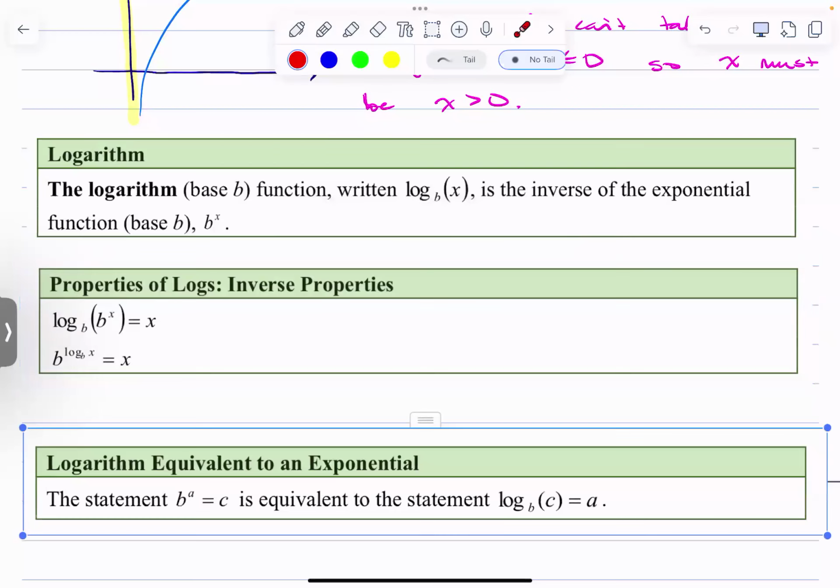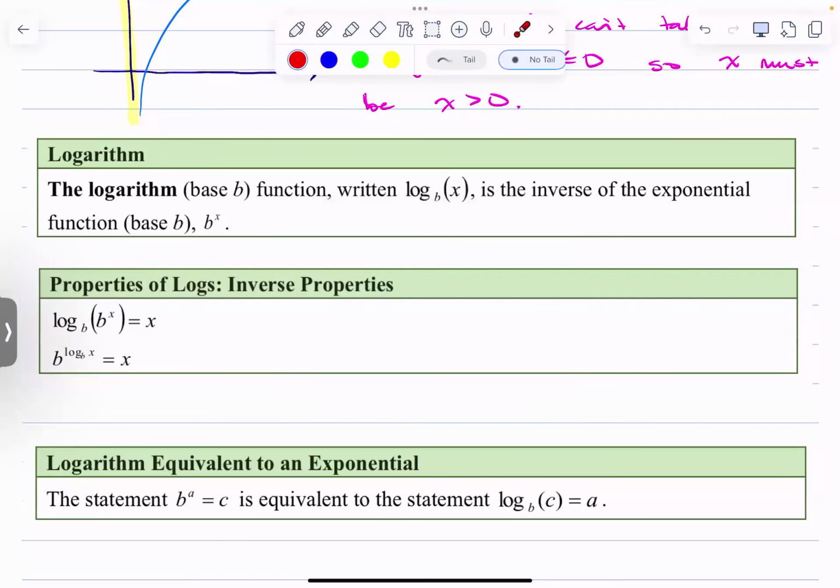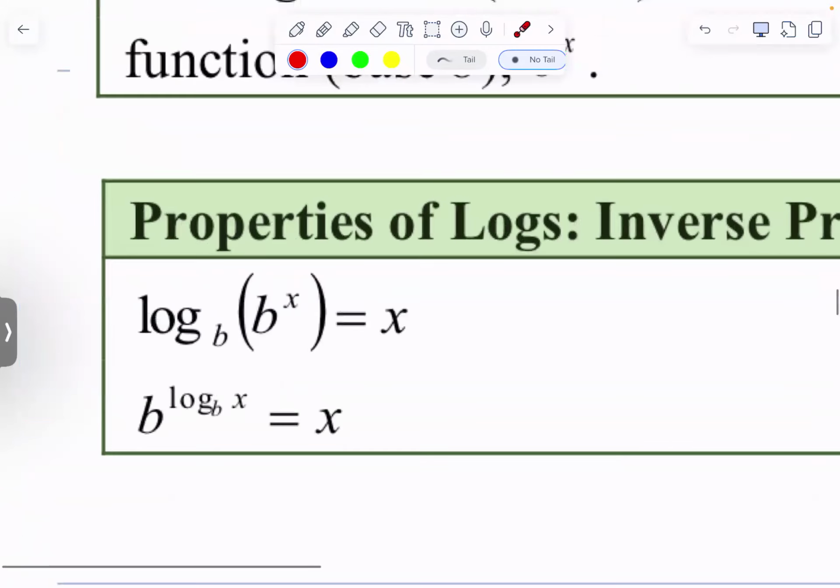Let's just talk about these, and then I'll show you how I personally remember these things. We're going to have properties of logs that we need to remember. The inverse properties look like this.